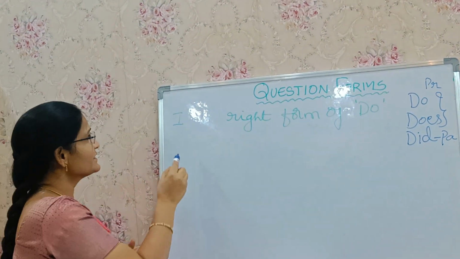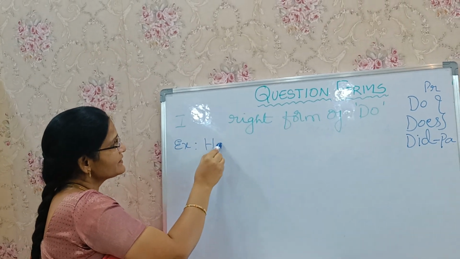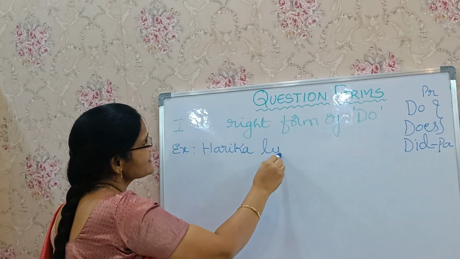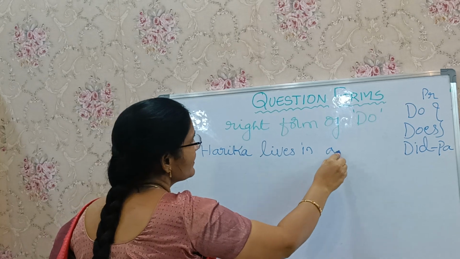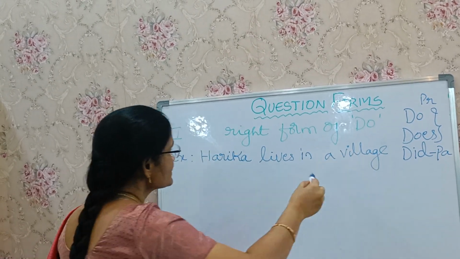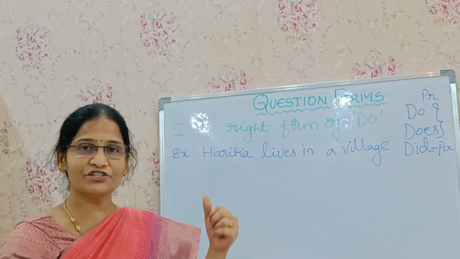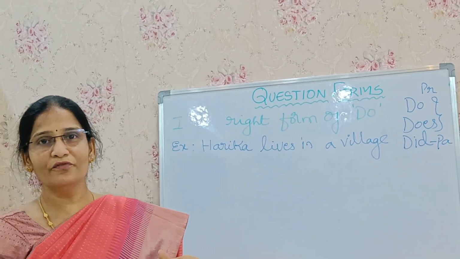Now let us consider one example here. I write here the example: Harika lives in a village. So this is the statement given to you and you will be given a question like, change this statement into a question with the right form of do.